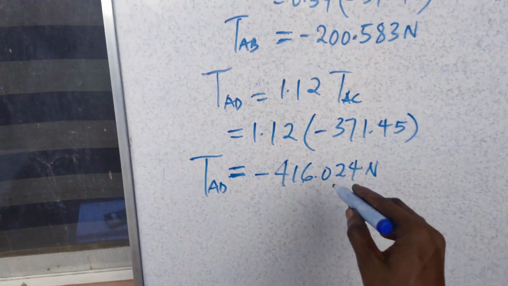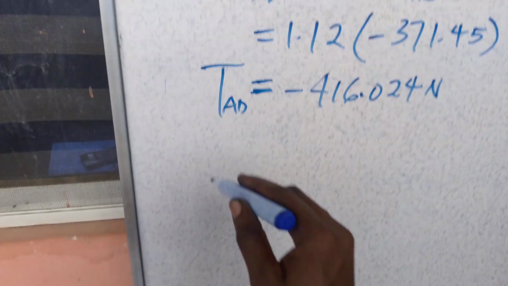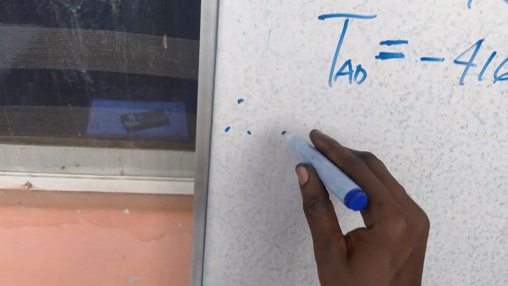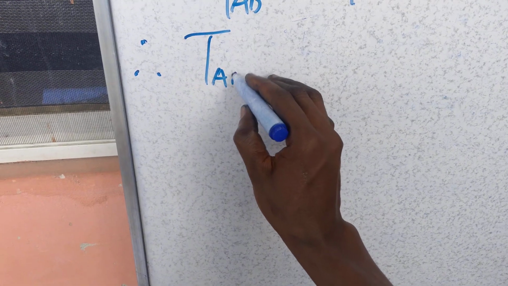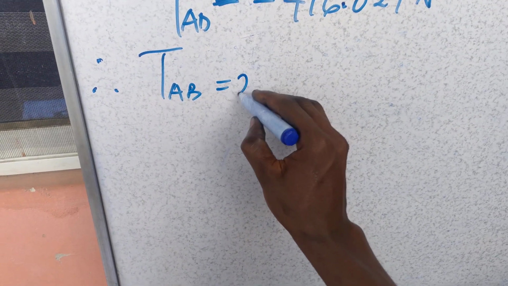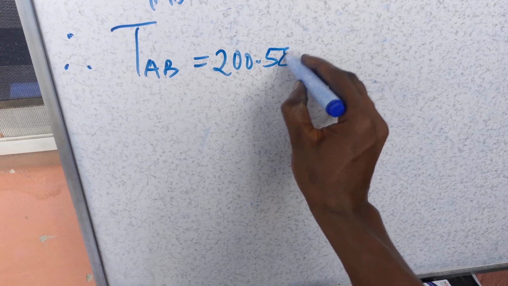So at this point we have gotten the tension forces. Therefore you say tension AB is 200.58 Newton.